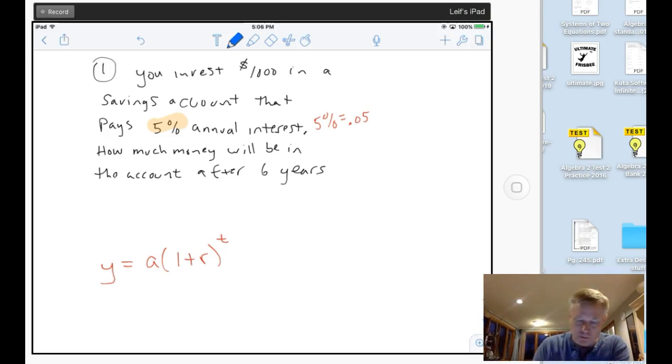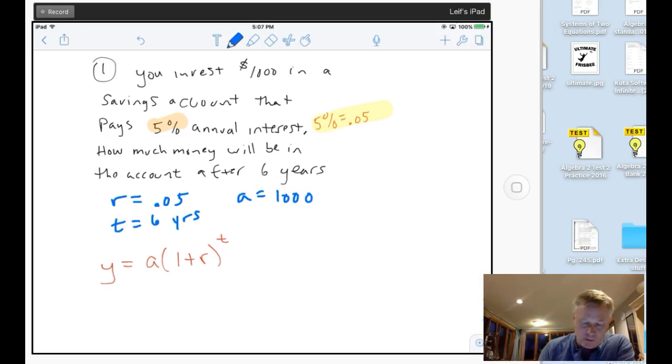It's important to remember that 5% is 0.05. That's actually going to be r. T is the amount of time, which will be 6 years. A is the initial amount, which is the amount that you put in the bank to begin with, which would be $1,000. And y will be the total amount.